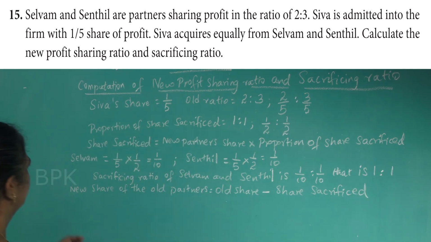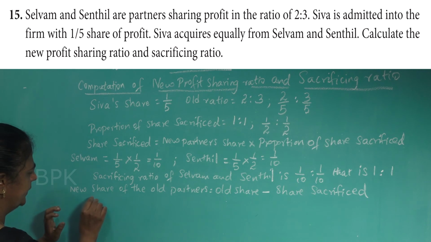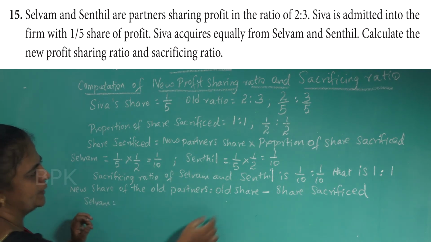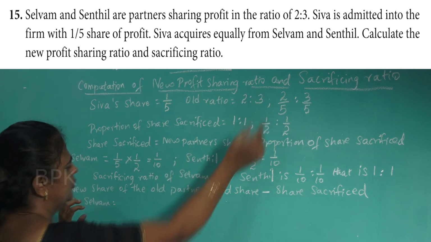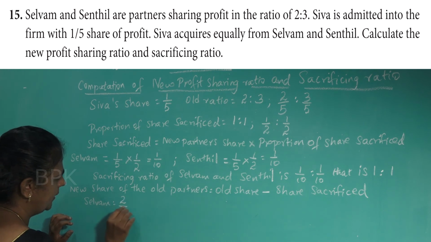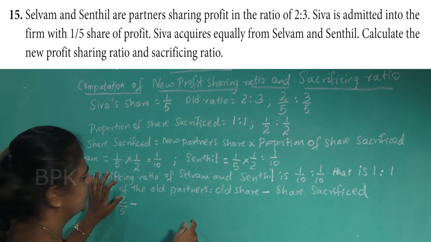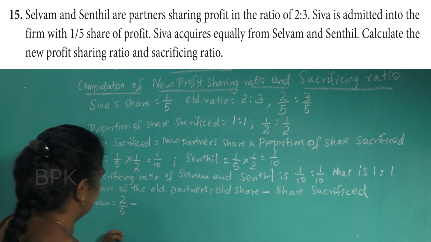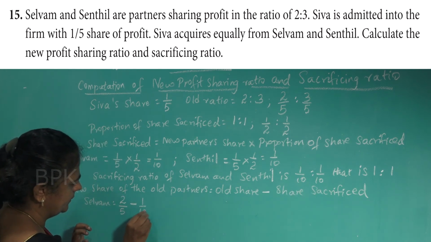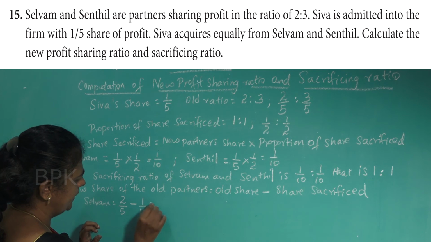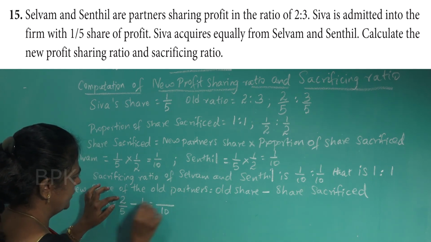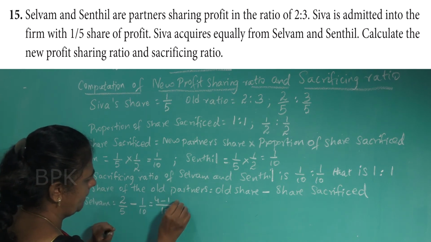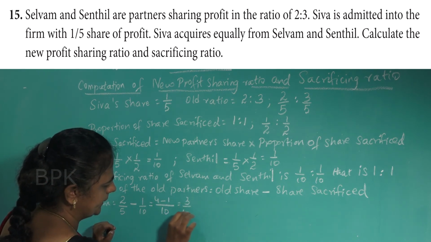Okay, so find for Selvam. For Selvam, what is the old share? Old share of Selvam is 2 by 5. 2 by 5 minus, what is the share sacrificed? 1 by 10. So that will give you denominator 10. So 2 times 4 minus 1, that will give you 3 by 10.